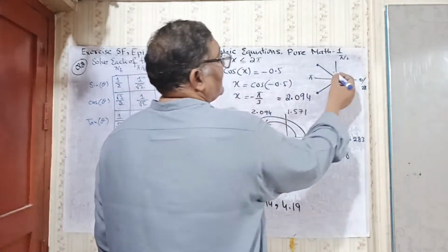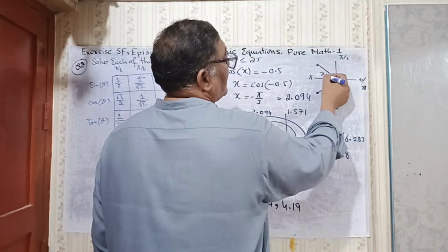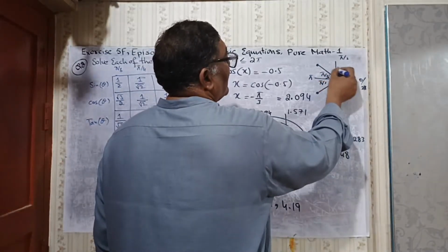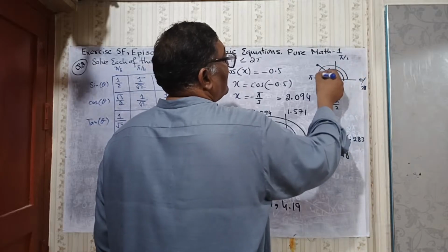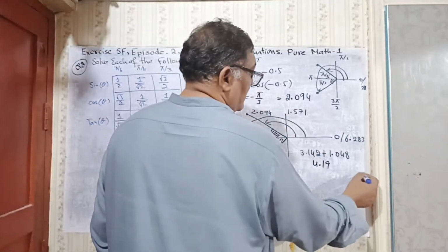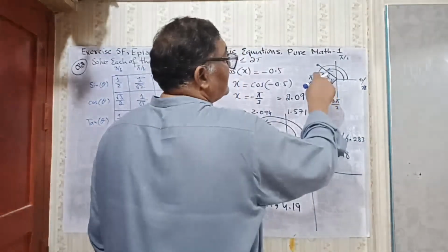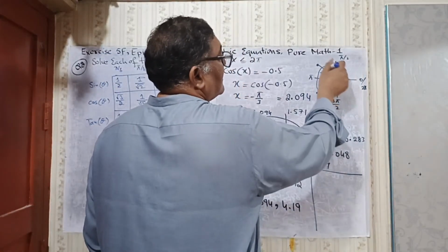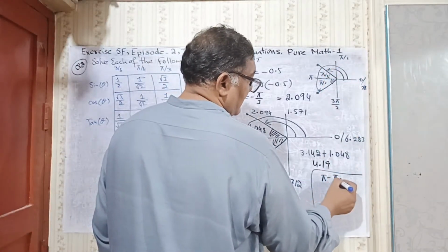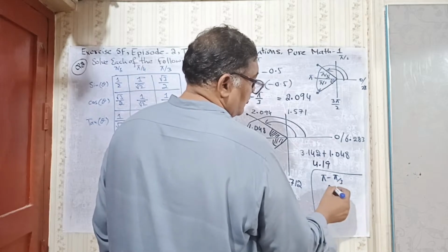If the base angle is pi by 3, so this is your pi by 3, and this angle is also pi by 3. So how much will this angle be? This angle will be pi minus pi by 3, and that will be 2 pi by 3.